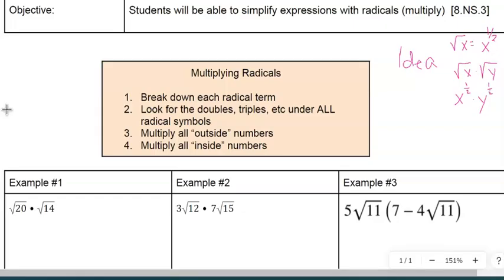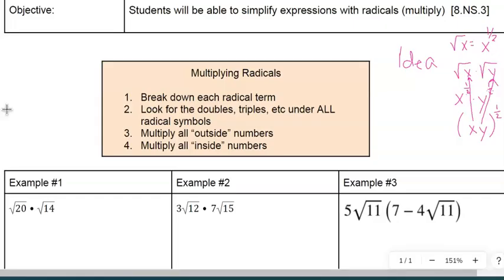Since they both have the same exponent, I can use my exponent properties to write the x and the y together. And even though these were different radicals, we can put them both under one radical, okay?